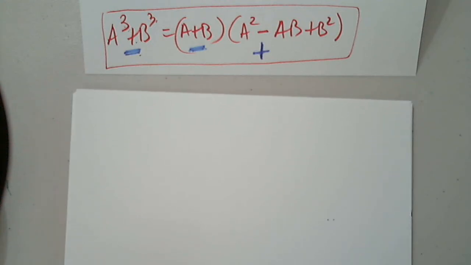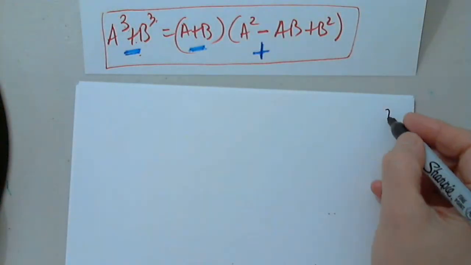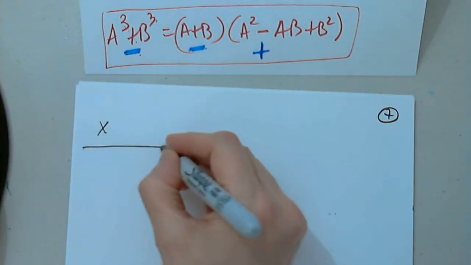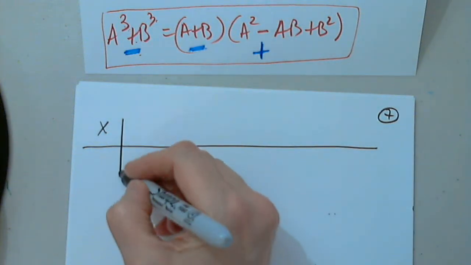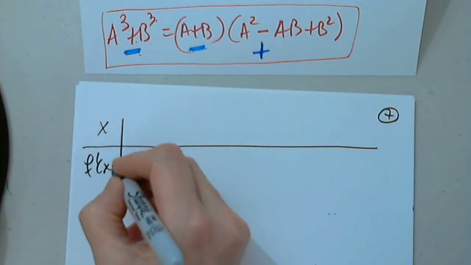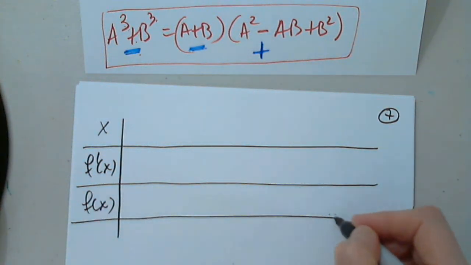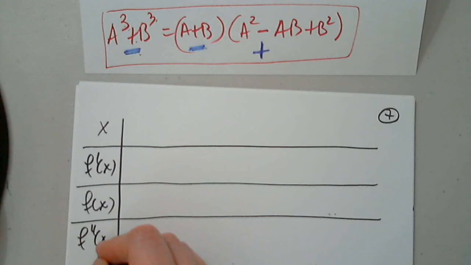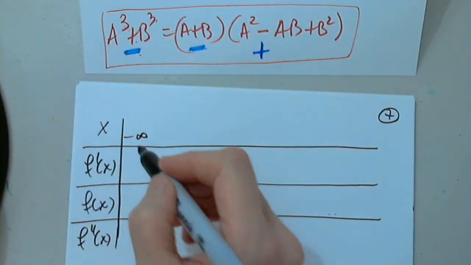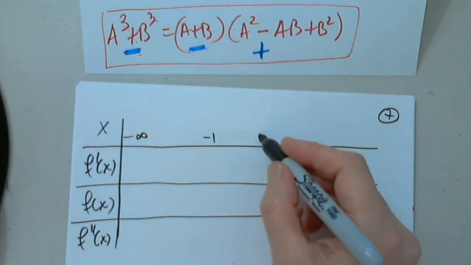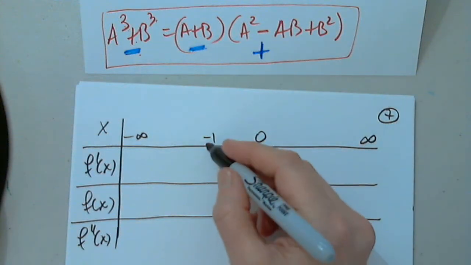Good. So I get my table going. Negative infinity, -1, 0, infinity.